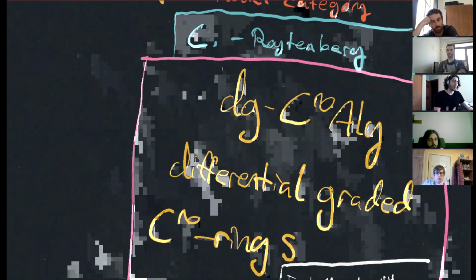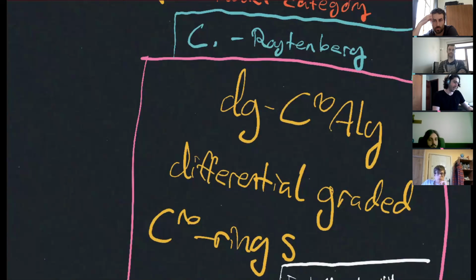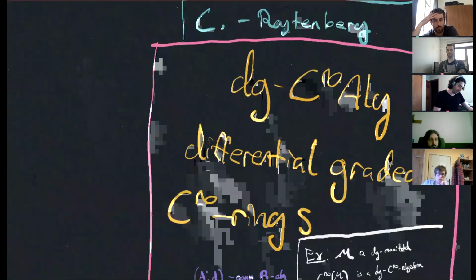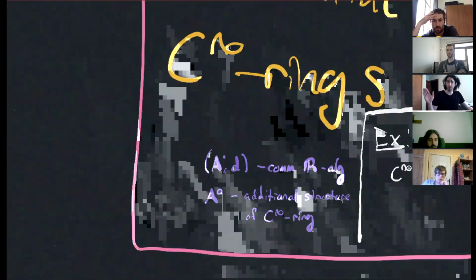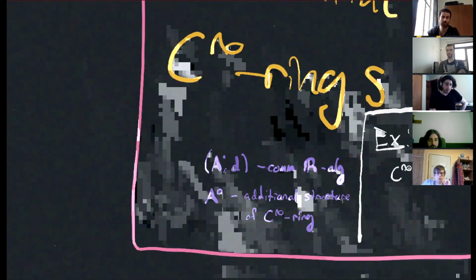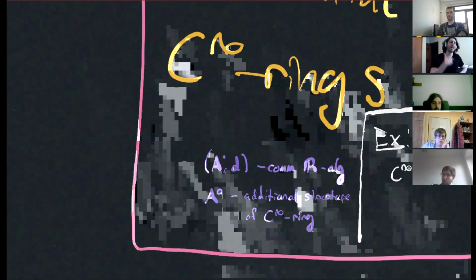So for our actual definition, we use ideas from supergeometry, like actions of the endomorphisms of the Euclidean line. But it turns out that this is equivalent, and we showed this in our work as well, to a very simple description where you have a commutative differential graded algebra, but at the level of 0, so A0 is just an ordinary commutative algebra, we ask for that to have a C infinity structure.